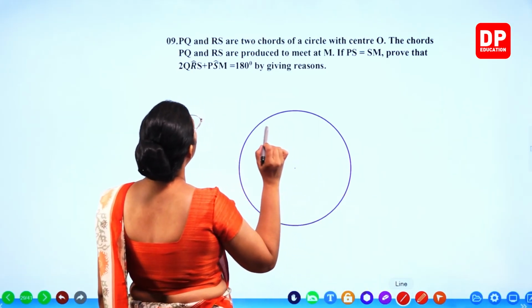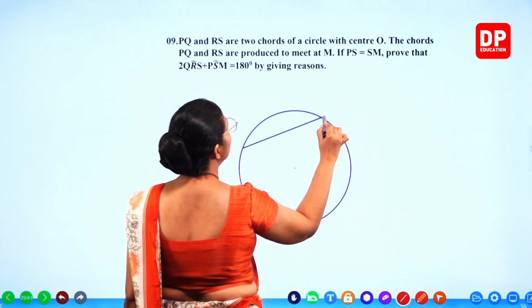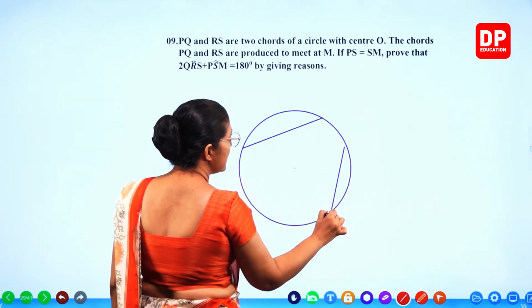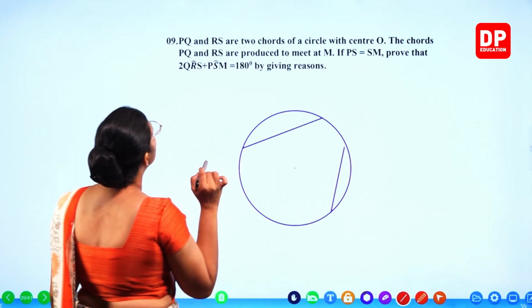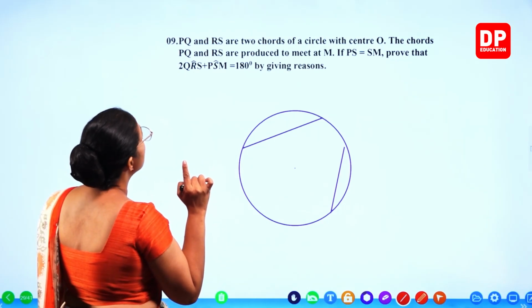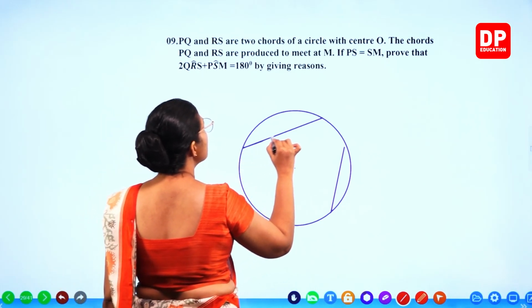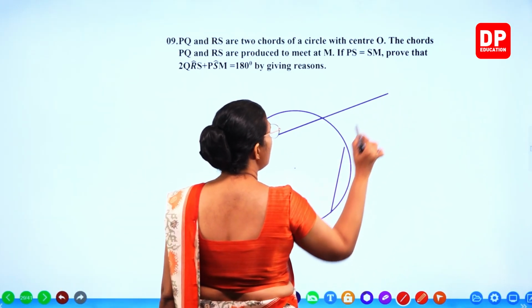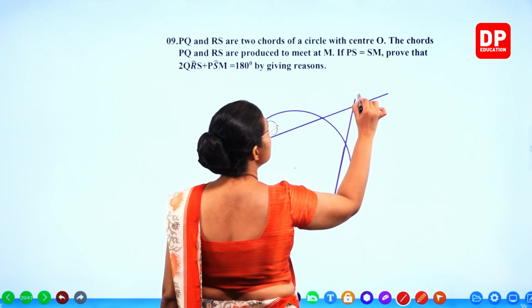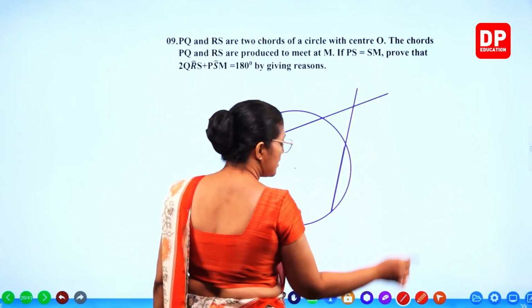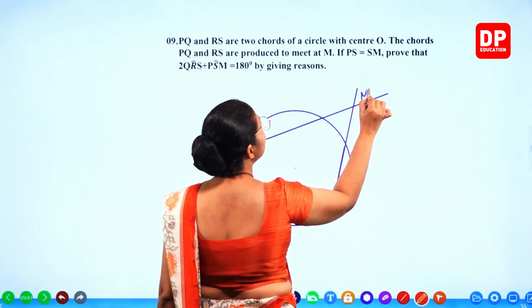So any 2 chords, PQ, and we'll take this one as RS. And it says the chords PQ and RS produced meet at M. So we have to extend this one, and when you extend this one, you get the M point.